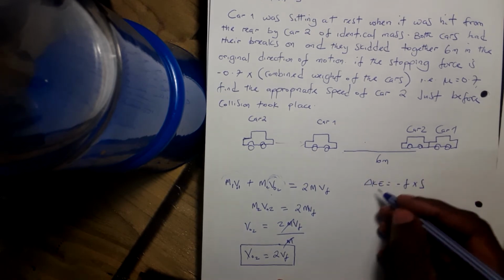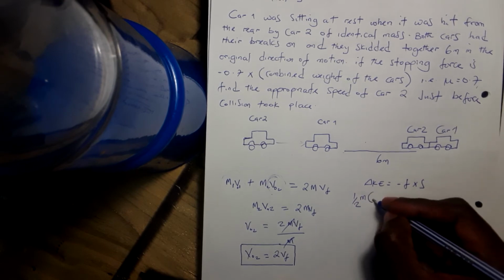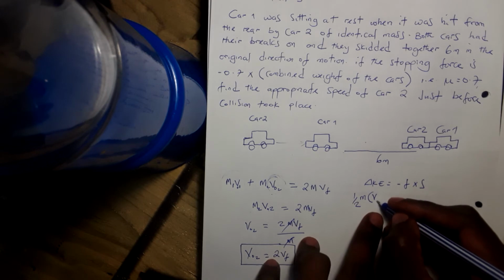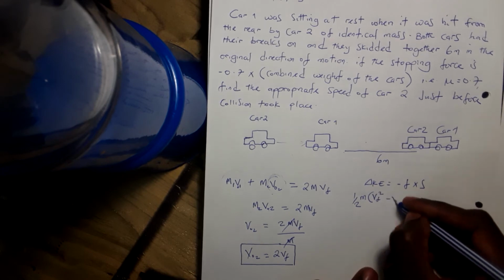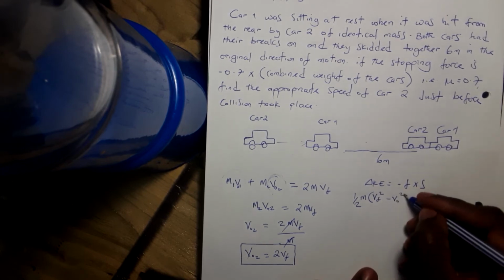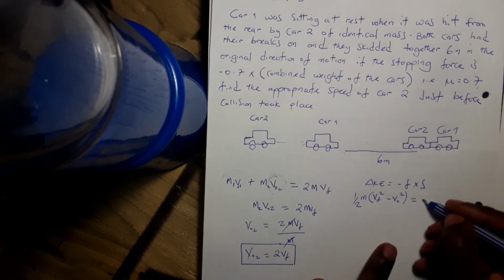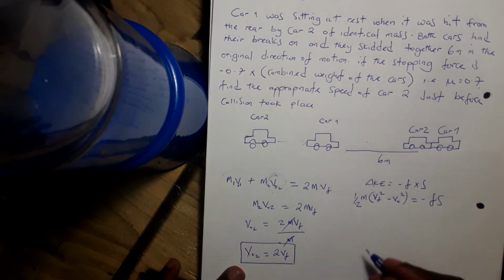Then we can rewrite this as half m times the final velocity squared minus initial velocity squared, which is equal to negative frictional force times the distance covered, which is s.